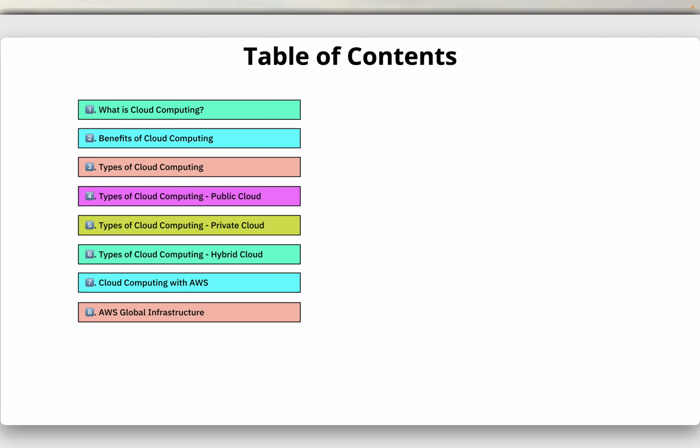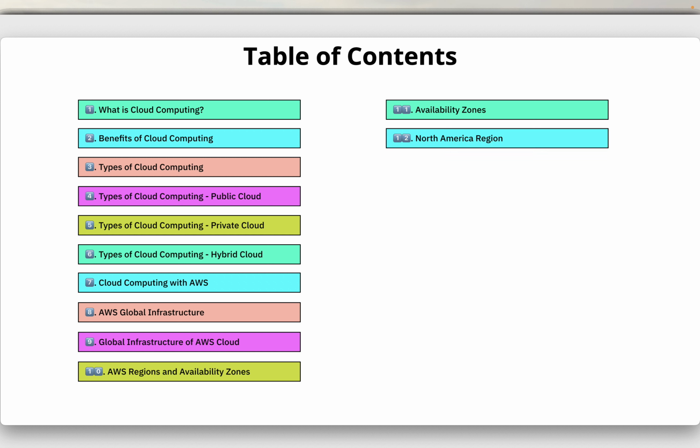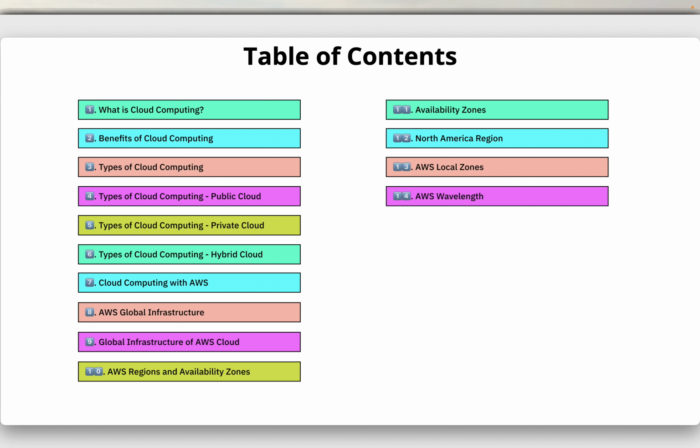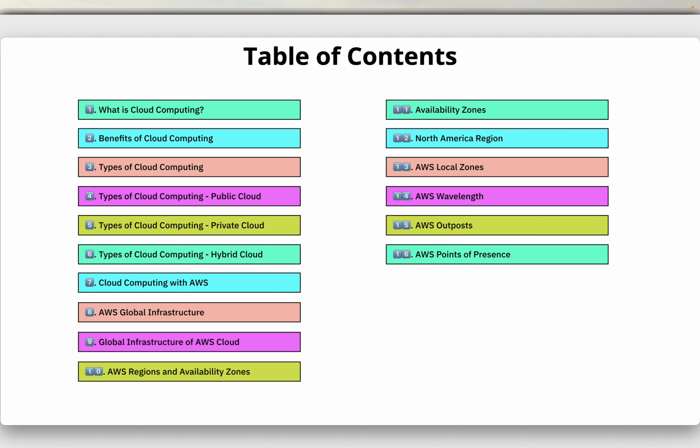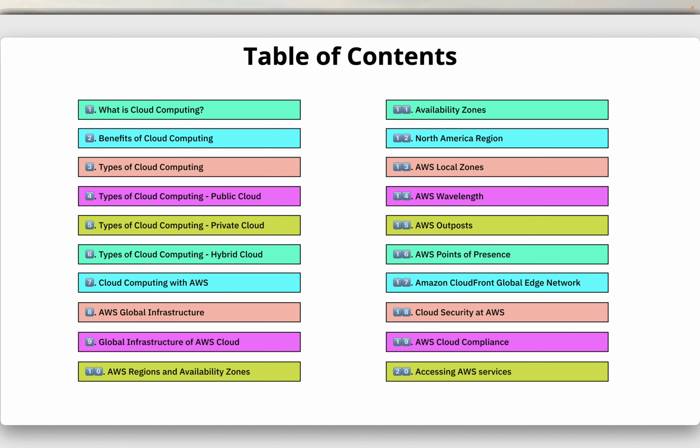AWS global infrastructure, global infrastructure of AWS cloud, AWS regions and availability zones, North America region, AWS local zones, AWS wavelength, AWS outpost, AWS points of presence, Amazon CloudFront global edge network, cloud security at AWS, AWS cloud compliance, and accessing AWS services.